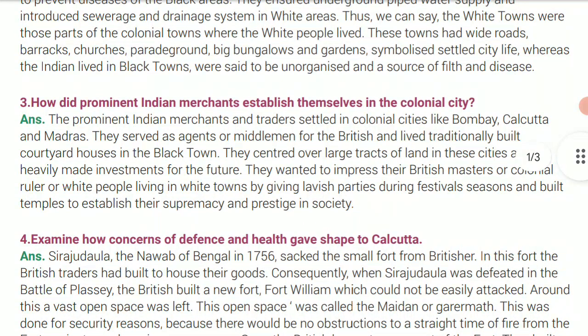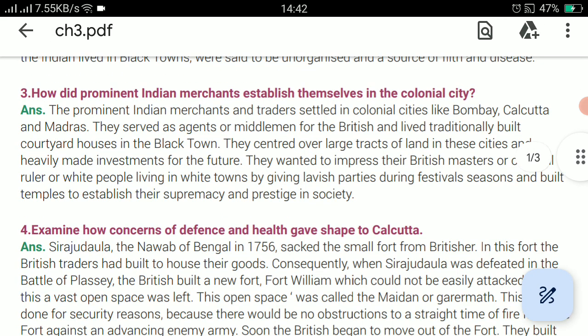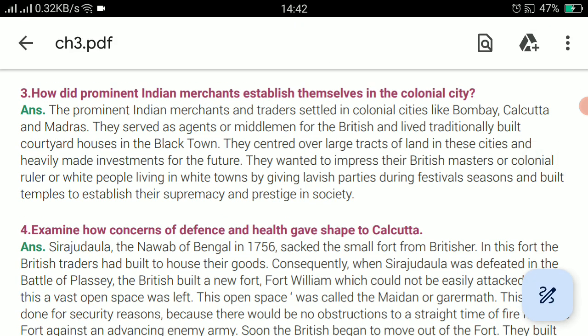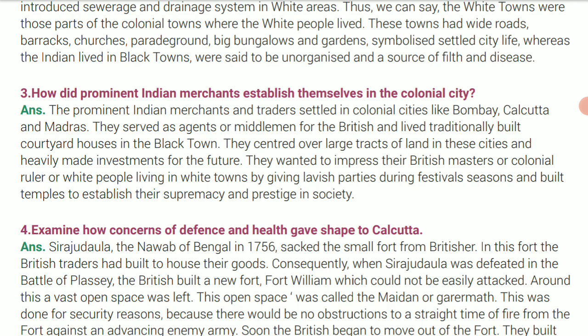Now, what is the third question? How did prominent Indian merchants stabilize themselves in the colonial city? Prominent Indian merchants and traders settled in colonial cities like Bombay, Calcutta, and Madras. They served as agents or middlemen of the British and lived in traditionally built courtyard houses in the Black Town.